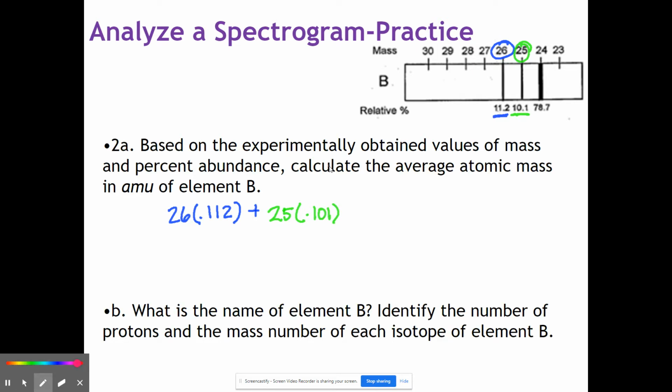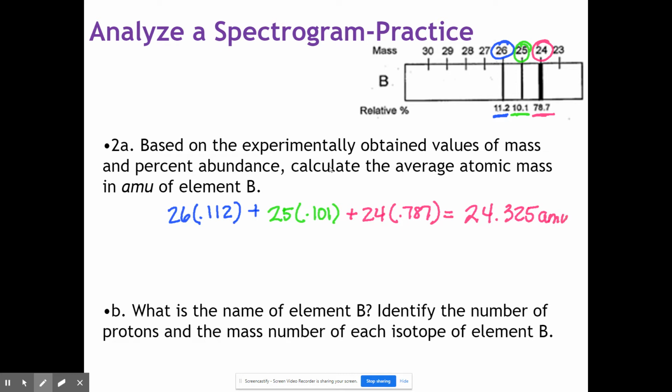Our next one, we have 24 with an abundance of 0.787. I'm going to add all that together, put it in my calculator: 26 times 0.112 plus 25 times 0.101 plus 24 times 0.787. When I add all that together, I get 24.325 AMUs.